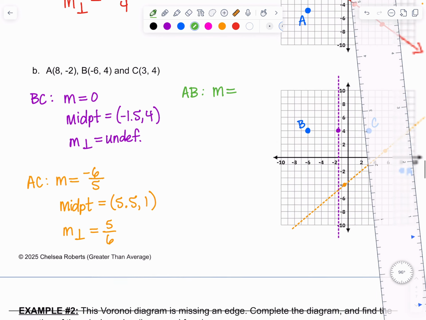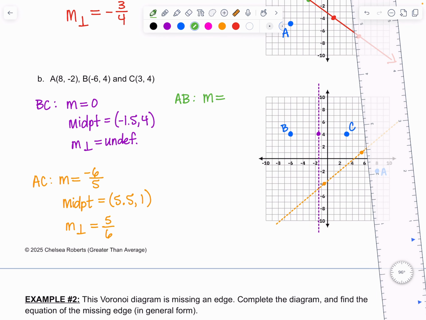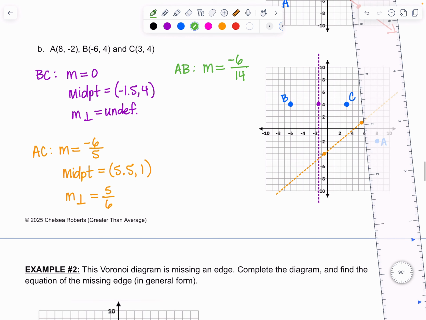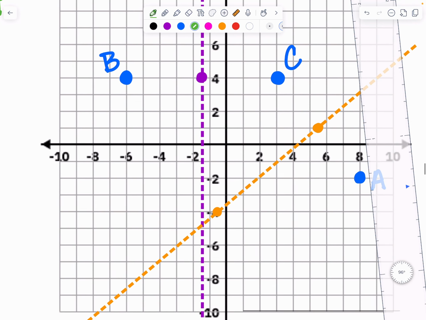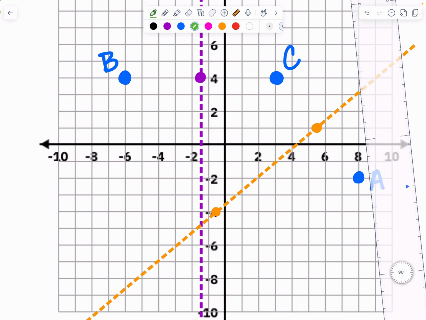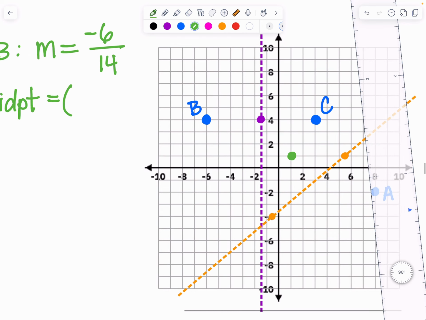So our slope is -6/14. All right. So now from the midpoint, remember the midpoint, I just need to go halfway. So instead of me going down 6 and over 14, I'm going to go down 3 and over 7. And my midpoint is here. All right. So my midpoint is located at 1, 1.